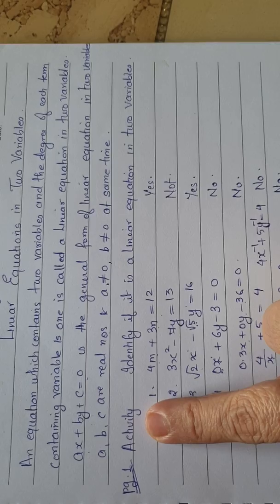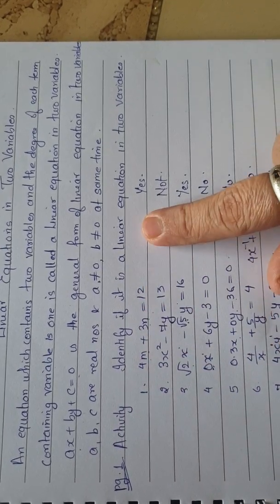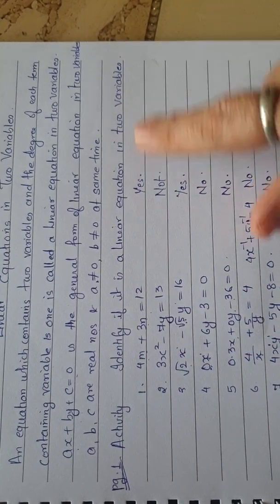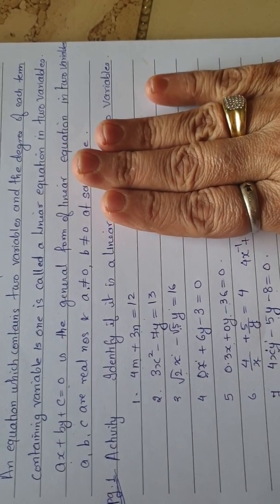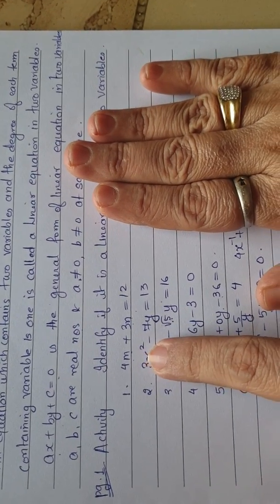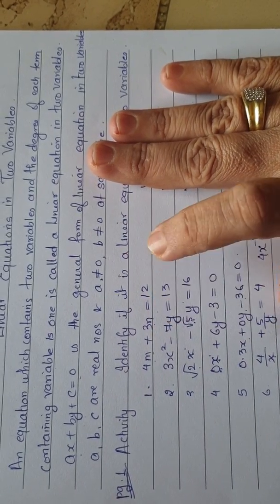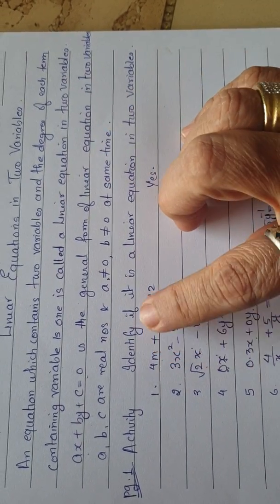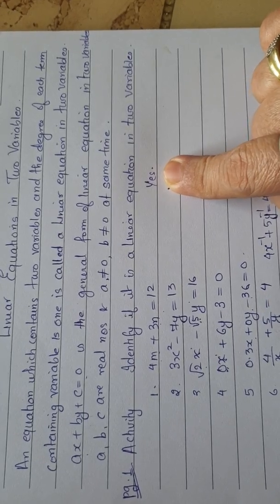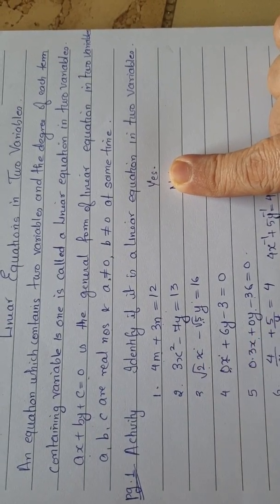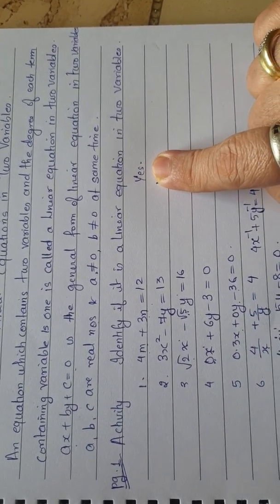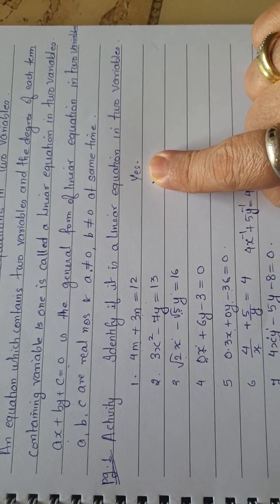Now on page 1 of your textbook, you have an activity where you have to identify whether it's a linear equation in two variables. I'm just keeping my hand on the answers. The first one is 4m plus 3n is 12, where variables are m and n and the degree of each variable is 1. So yes, it is a linear equation. Moving to the second one, the first variable is x, but the power is 2, so the degree is 2.